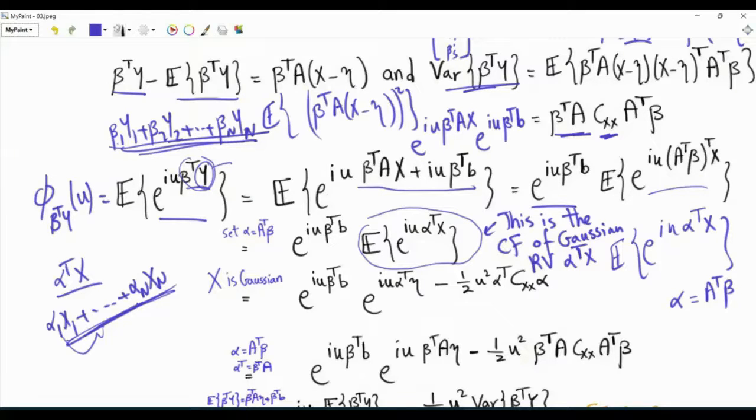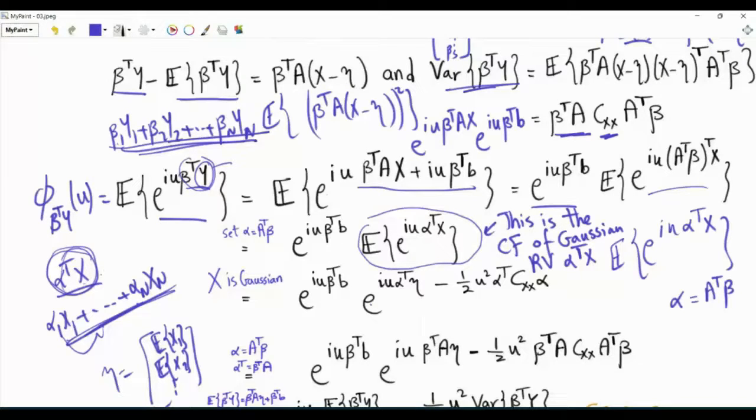The characteristic function is e to the iu, and then we put the first moment of this Gaussian random variable, which is alpha transpose eta, where eta is the column vector whose first component is the first moment of x1, second component is the expected value of x2, and so forth, minus 1/2 u squared, and then we have the variance of this quantity.